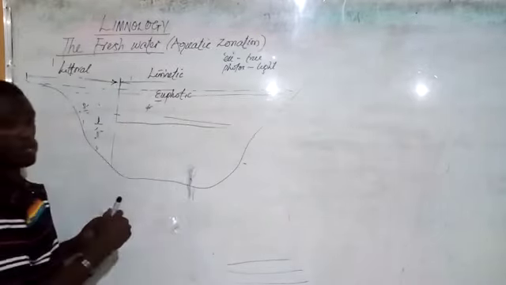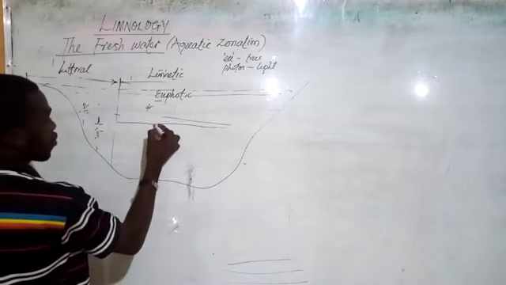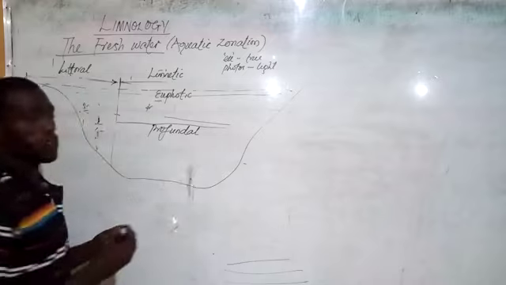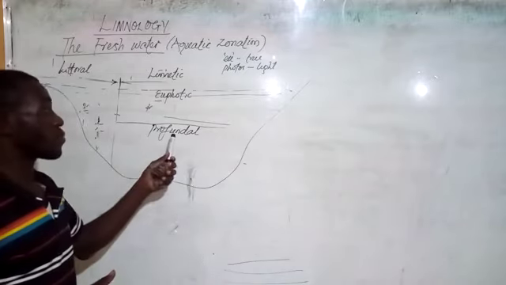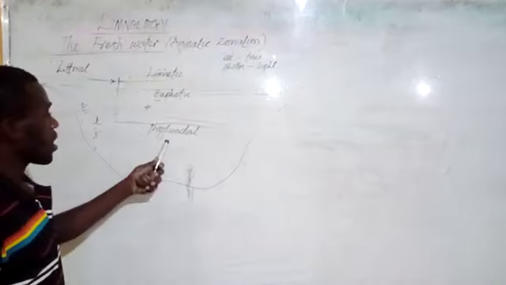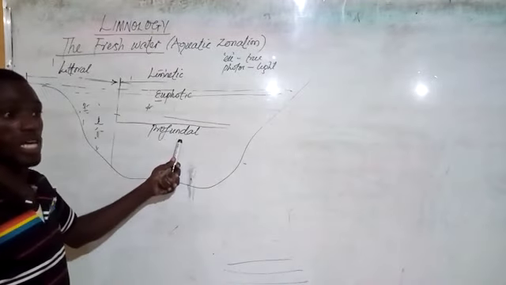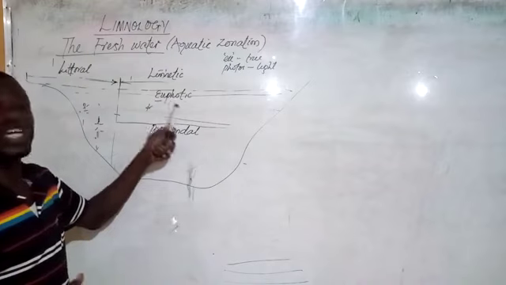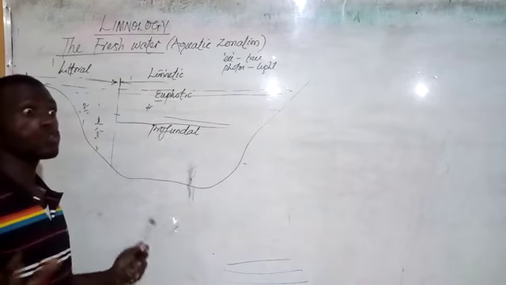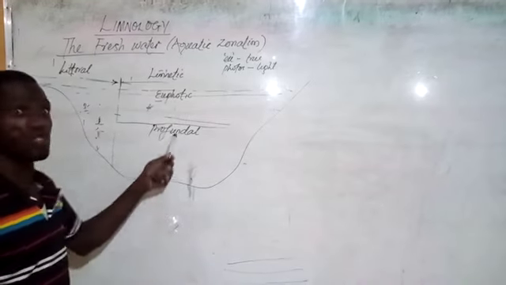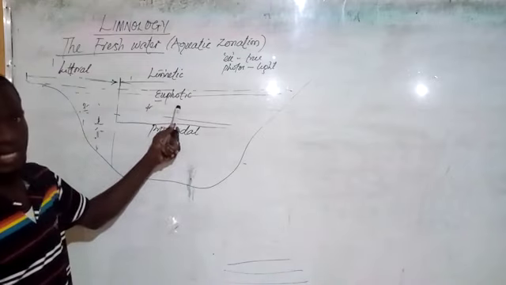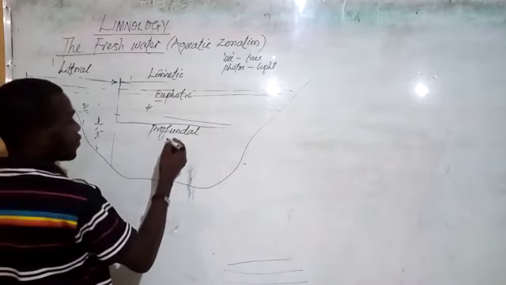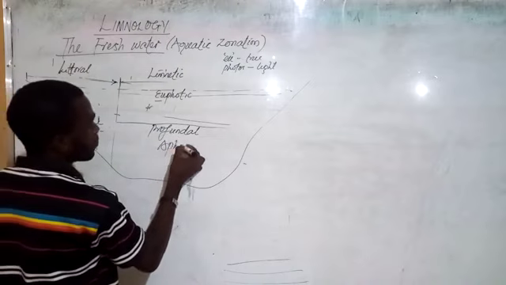Now, after the euphotic zone, you come across a zone called the profundal zone. Profundo means deep. So it simply means the deeper zone of the water that is not enjoying enough light. It is not as dark, but is not enjoying light like the euphotic zone. Then after the profundal zone, we have the aphotic zone.